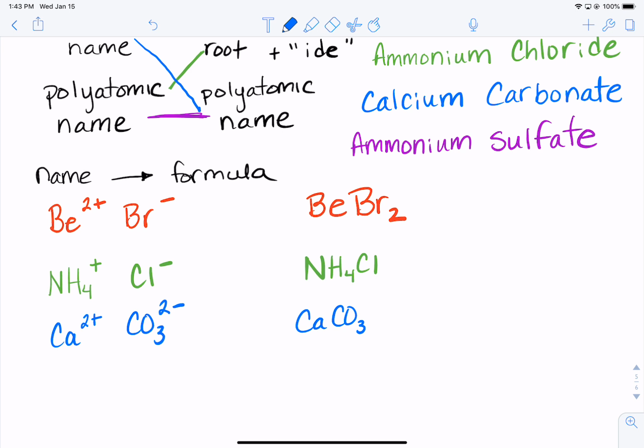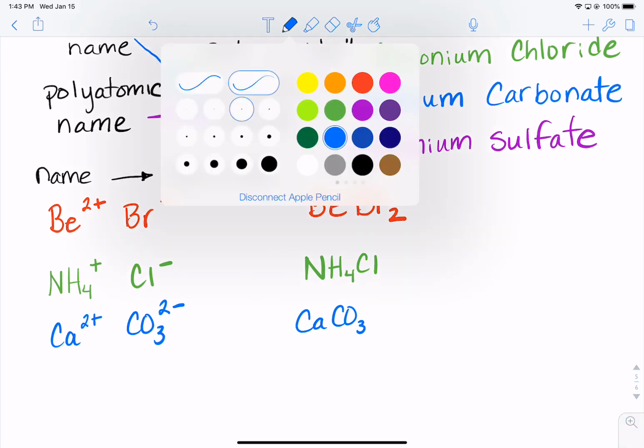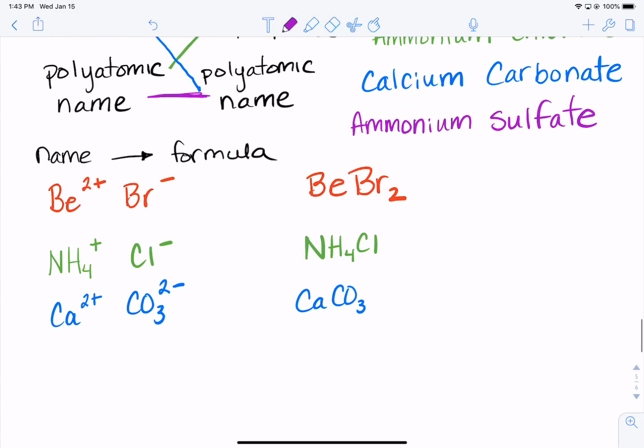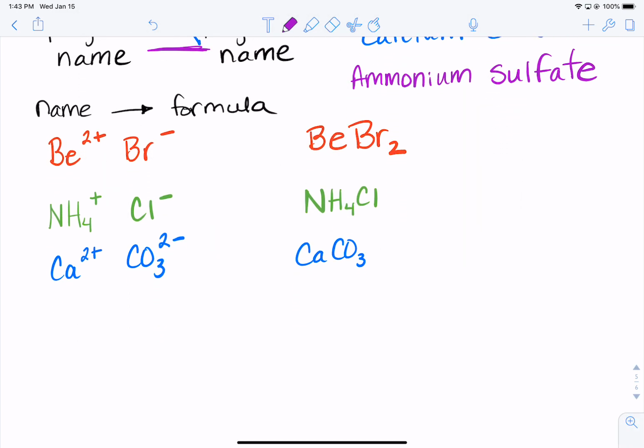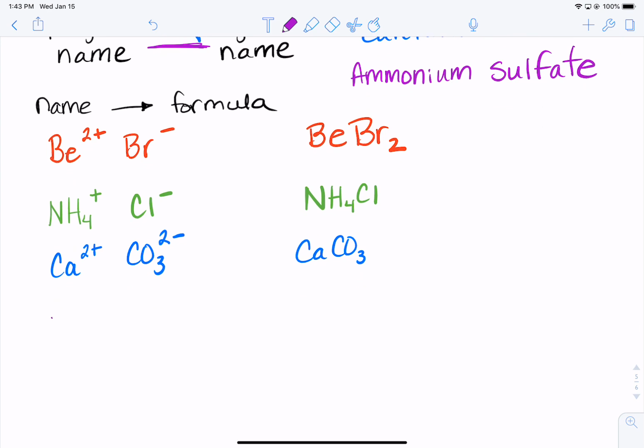Now I'm going to show you a tricky one. Ammonium sulfate is a bit tricky. Ammonium, we've already looked up that one. That's NH4+. Sulfate, it does not end in -ide, so I probably need to look at my polyatomic ion chart. And what is sulfate?